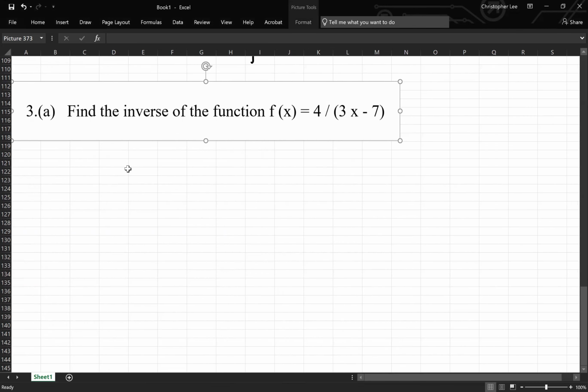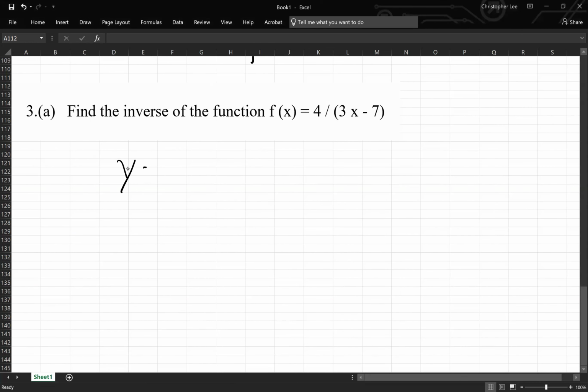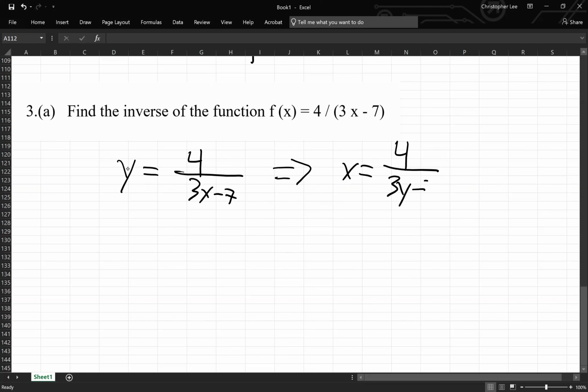We want to find an inverse of this. So I have y is equal to 4 over 3x minus 7. I want to switch the x and the y. So then this is going to become what? X is equal to 4 over 3y minus 7. And let's solve for y. Multiply by 3y minus 7 on both sides.